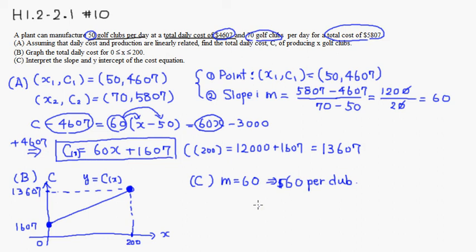The y-intercept, b, is 1,607, and this is the fixed cost. That's the cost it's going to take no matter how many golf clubs they produce. So 1,607 is a fixed cost. Hopefully this was clear.